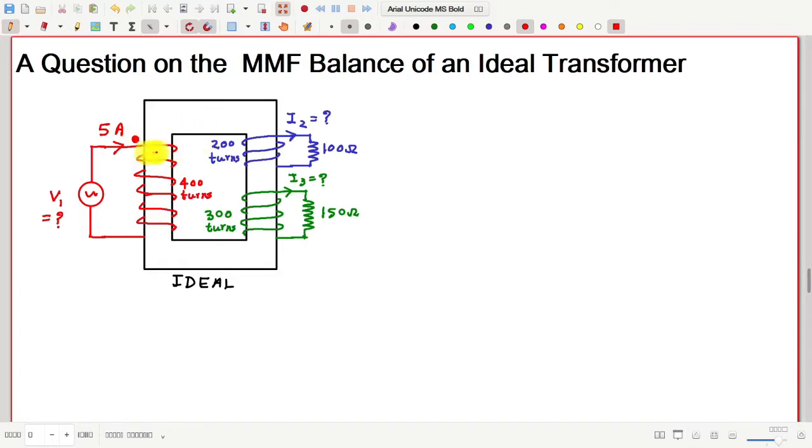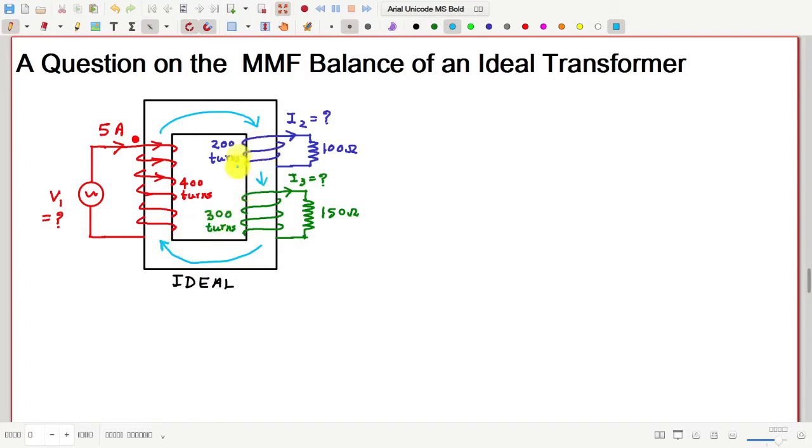Now let us find where the corresponding dot for the second coil should be. Notice that if a current enters through the dot of this first coil, it will flow this way, and that will produce a flux in the clockwise direction through the core.